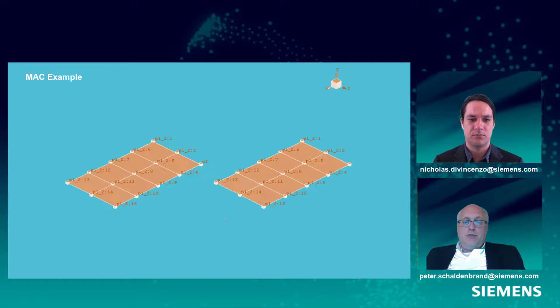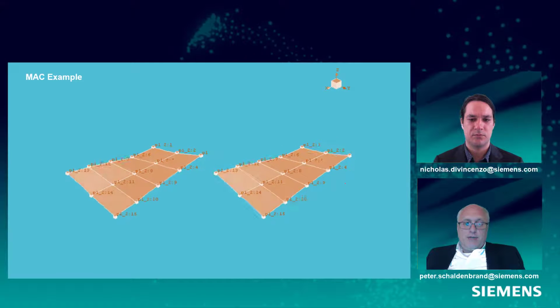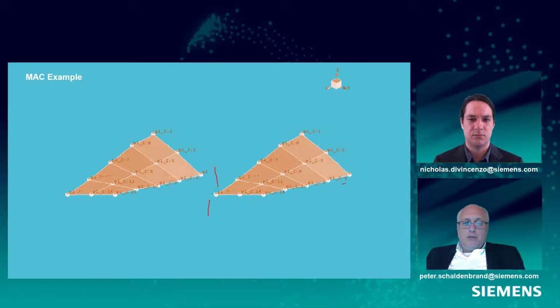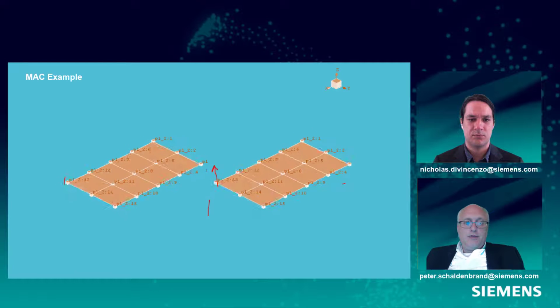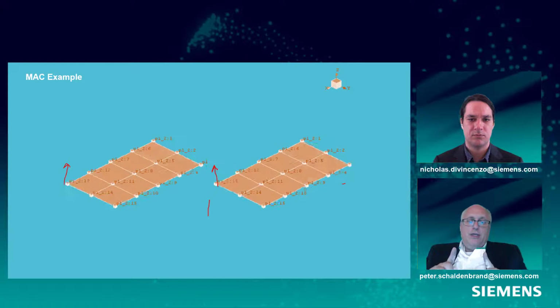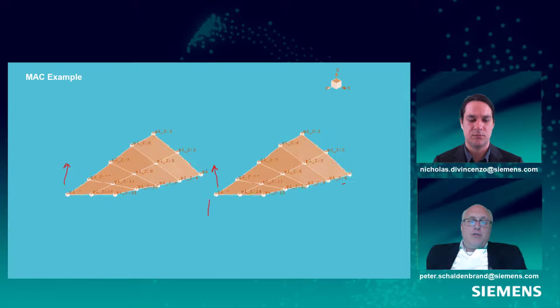We have two mode shapes here, and they have some vectors, right? Let's see if I can find my mouse. So a vector here and a vector over here. And we take the dot product of these vectors, and if these things are moving together in the same direction, then the dot product is 1.